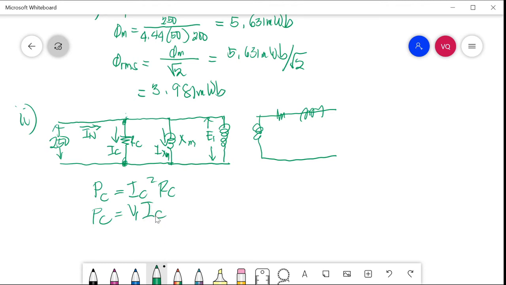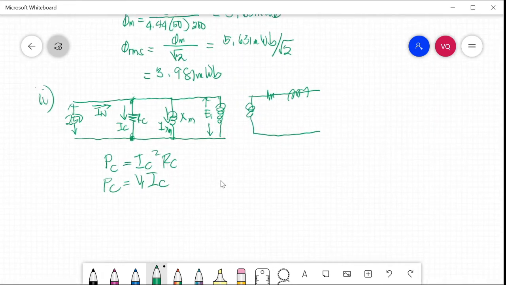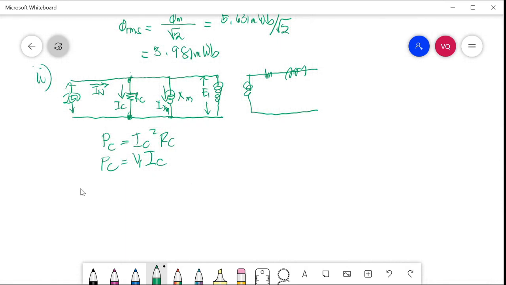I-solve muna natin yung IC. So paano natin isosolve yung IC? So sa problem may given na no load current which is equal to 4 amperes, and power factor equal to 0.25.